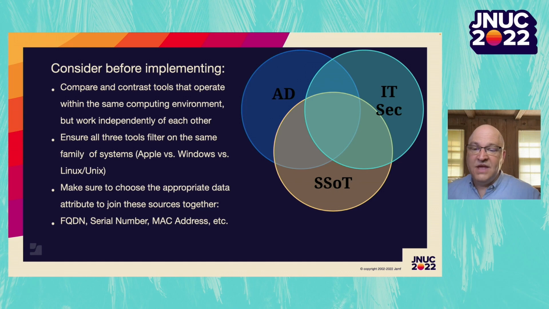And finally, you also want to make sure that you're picking the correct key that ties these things together. A lot of IT security vulnerability scans will only pick up network name. Jamf is really good about getting network name, but also the serial numbers.